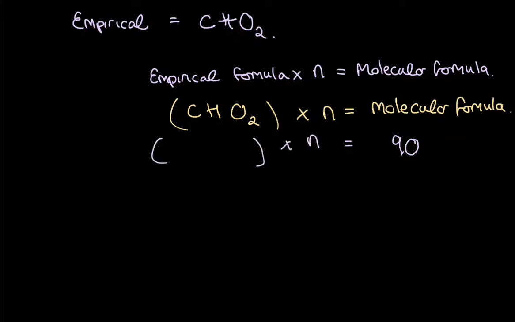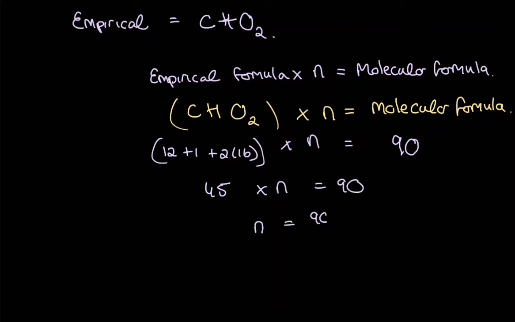I can find the relative molecular mass of the empirical side by going 12 for carbon, 1 for hydrogen, and 2 times 16 for the oxygen. That's going to get me 45 for that, times N is 90.